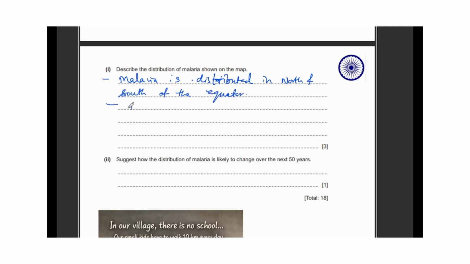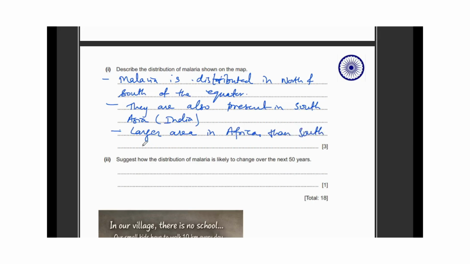Okay, they are also present in South Asia, that is in India. The third one is a larger area in Africa than South America.